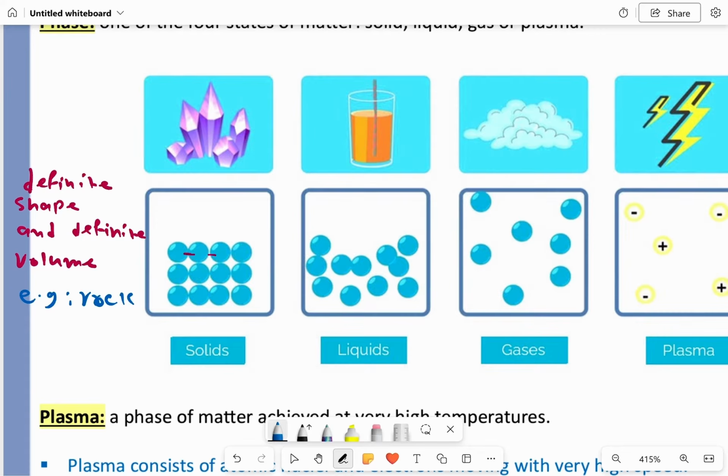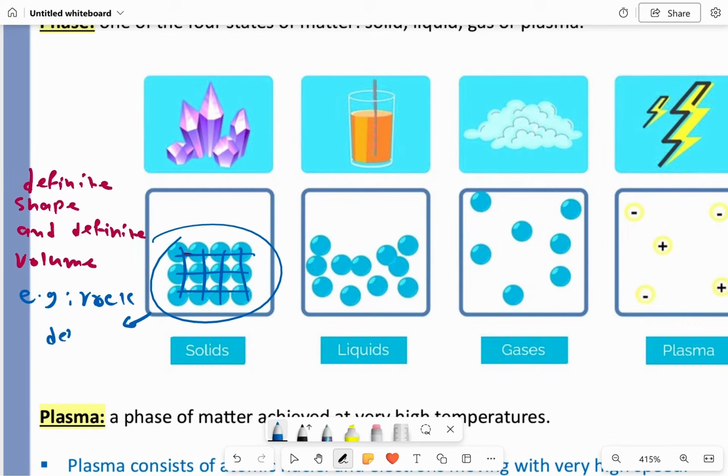Something really important you should know is that atoms in solid are closely packed and they have a regular shape. You see that the atoms have a regular shape. They don't have a random arrangement, okay? The closeness of atoms in solid gives them high density. So the density of the rock is really high.